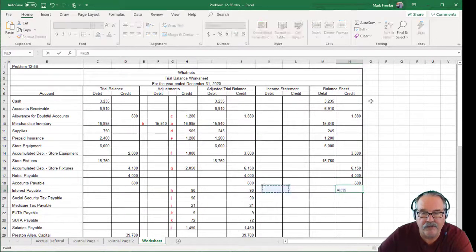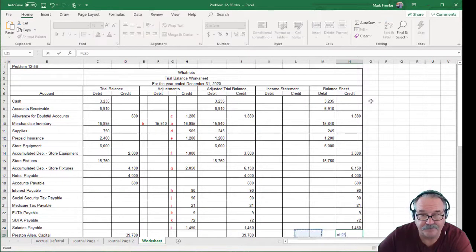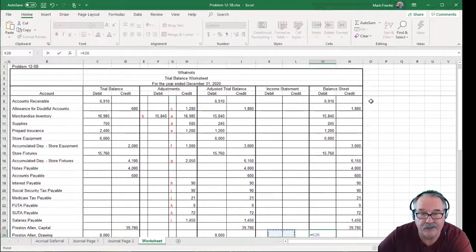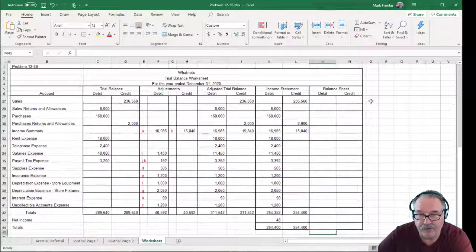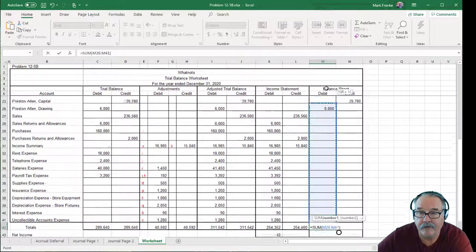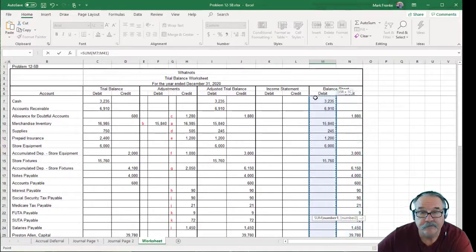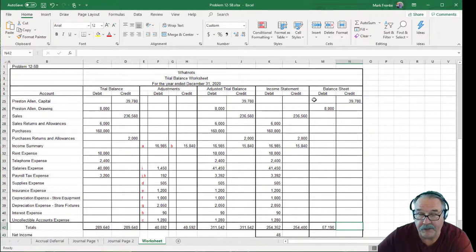And then we have all these liabilities that end with the word payable. Then we have the capital account and the drawing account. And when we total up those sides, the debit side has a total of 57,190.